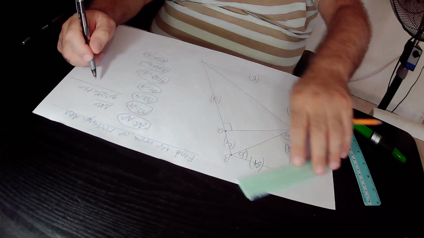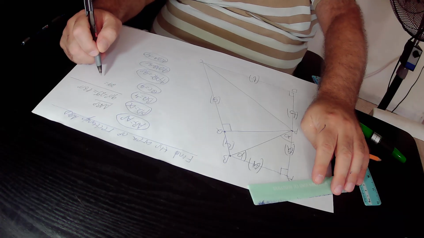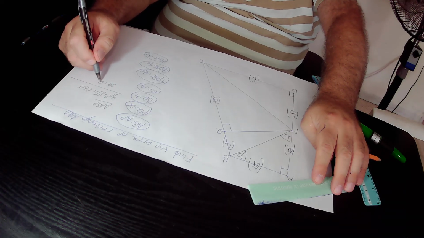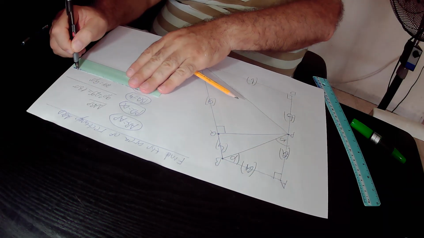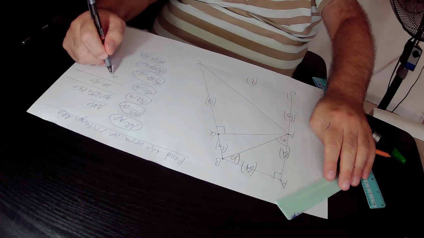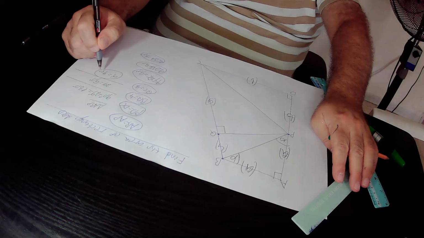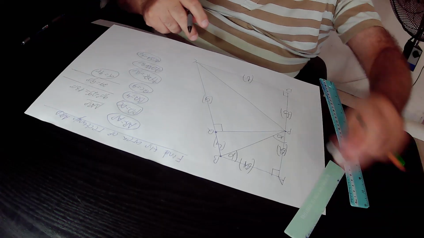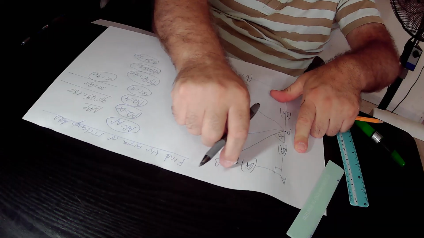Here we subtract 90 degrees from this equation and we get that 2 alpha equals 180 degrees minus 90 degrees, which is 90 degrees. Here we divide this equation by 2 and finally we get that alpha equals 90 degrees over 2, which is 45 degrees. So this is angle alpha that is equal to 45 degrees in its size.